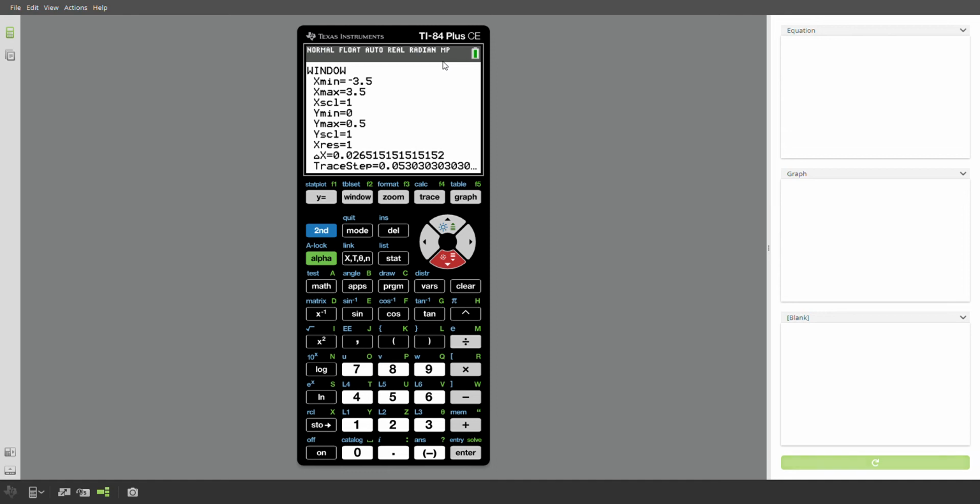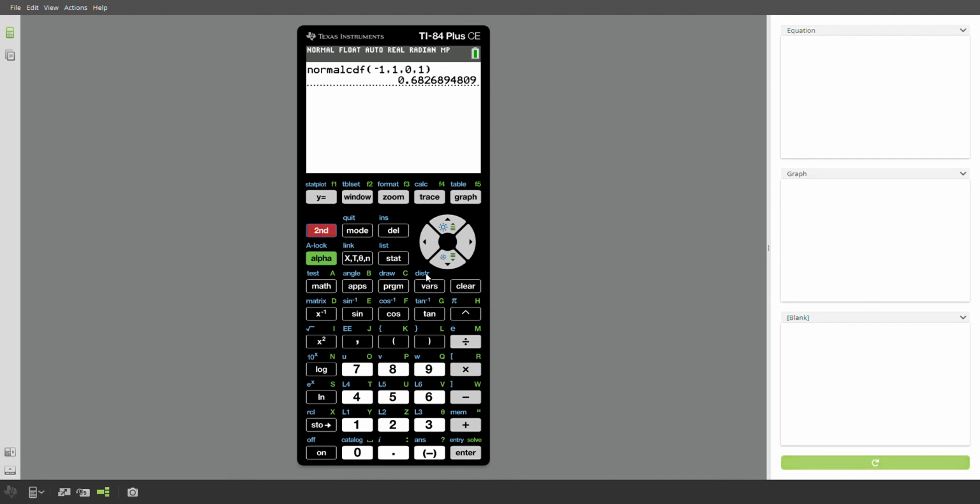So if we have the screen show up to 0.5, that's probably going to be enough. So our X-min and X-max as shown, our Y-min and Y-max as shown. I'm going to quit now back to the main screen, and now we're ready to go and do our drawing.